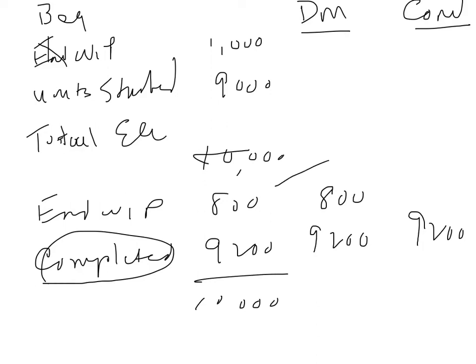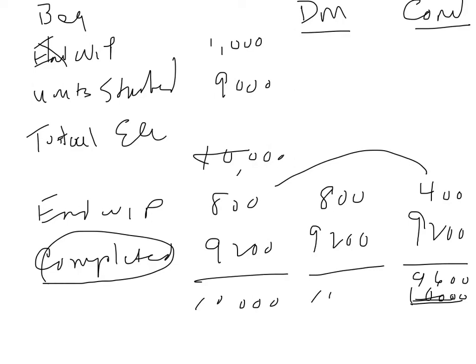So this becomes 400 units. And that adds up to 10,000. We add this up for conversion and it becomes 9,600, not 10,000. And this becomes 10,000.